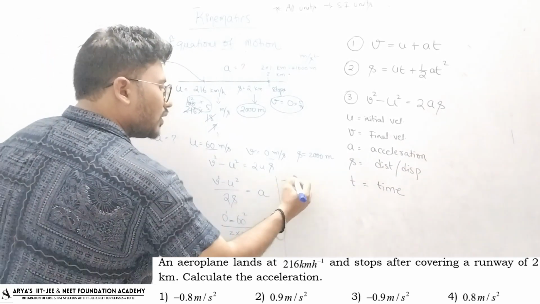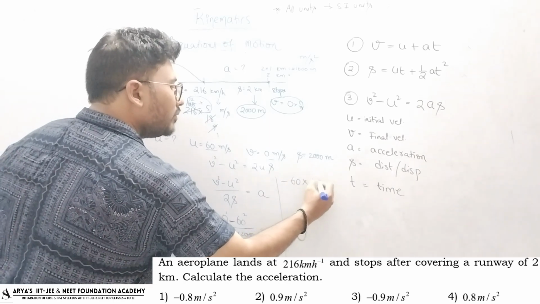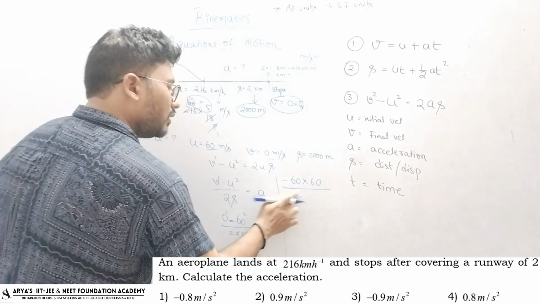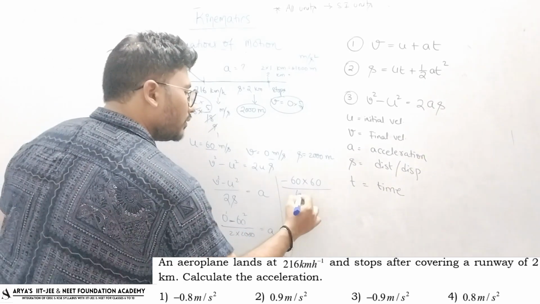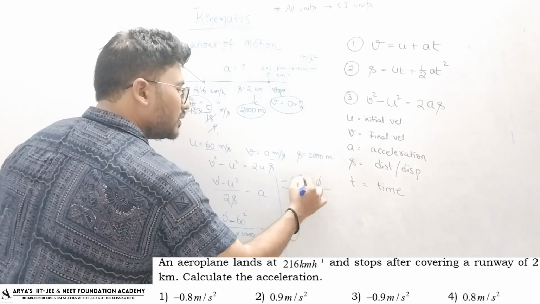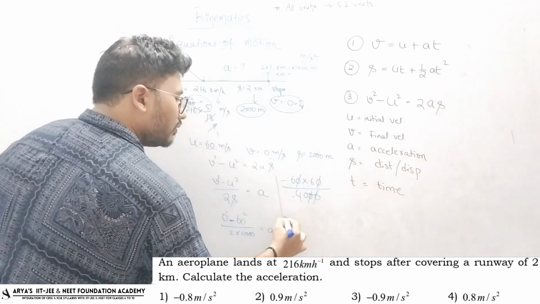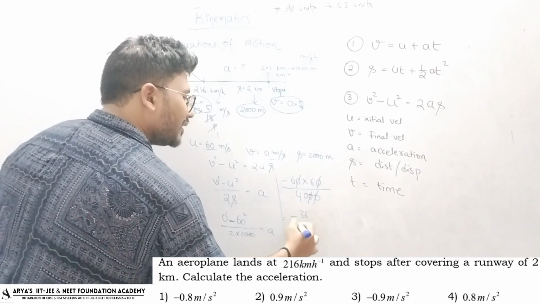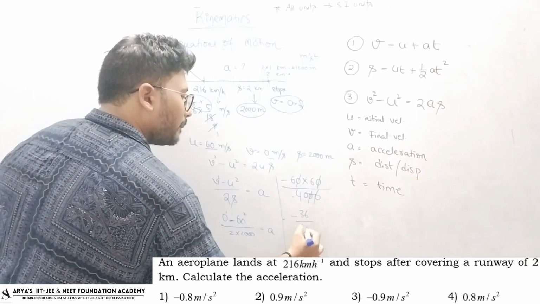Minus 60 square means 60 into 60, divided by 2 into 2000, 4000. The zeros get cancelled. Now minus 36 upon 40.